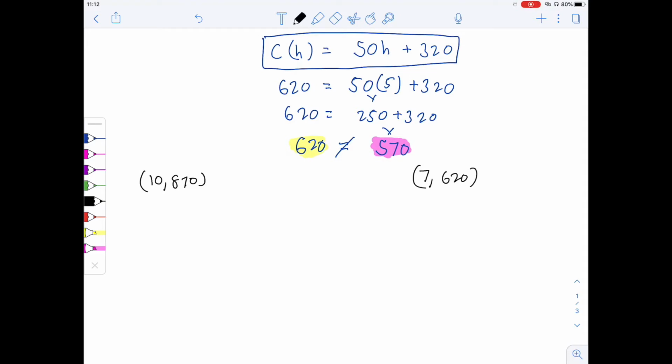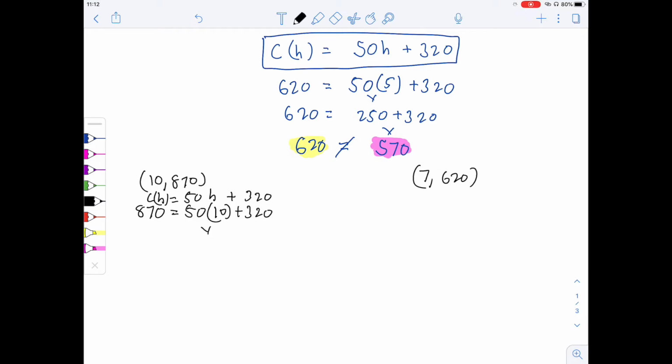So the cost is 870 equals 50 times our hours, which is 10, plus 320. We're using our equation again. Just a reminder, C of H equals 50H plus 320, and we're just filling in the numbers. Cost is 870, hours is 10.